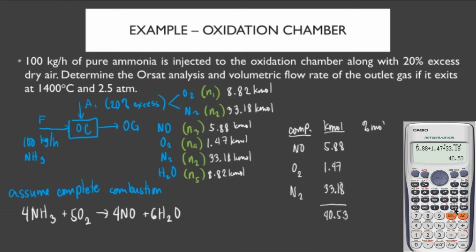This is in ORSAT. ORSAT simply means excluding water. So for NO, that is 5.88 divided by 40.53. That is 14.51%. So you get the gist, and we simply repeat this for oxygen and nitrogen.